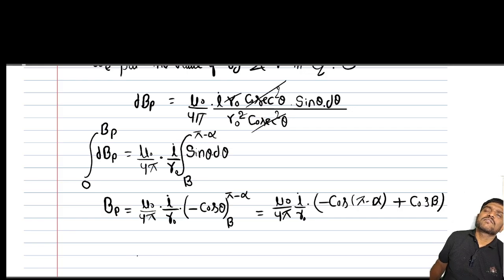Cos of pi minus alpha is in the second quadrant, so cos theta will be negative.